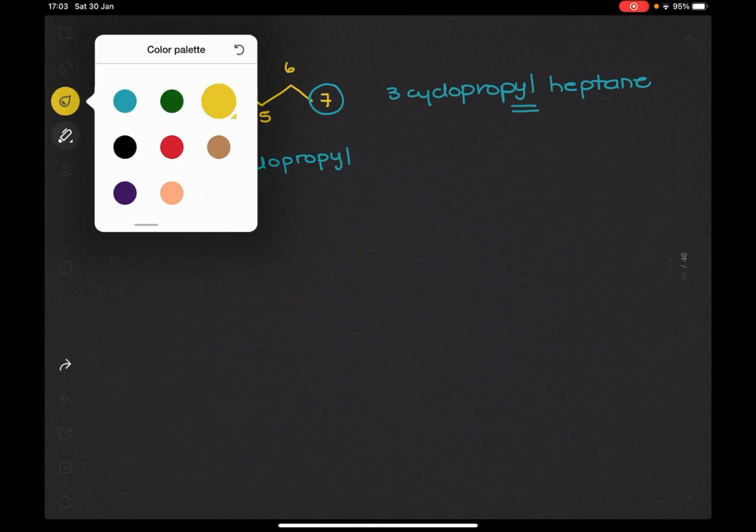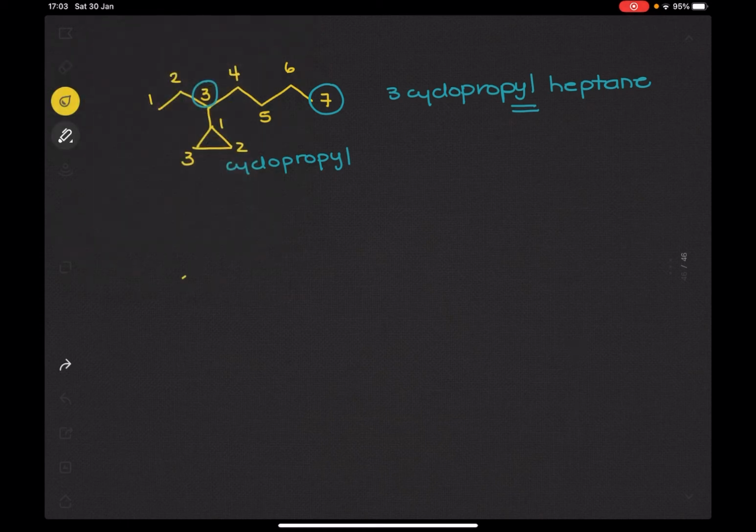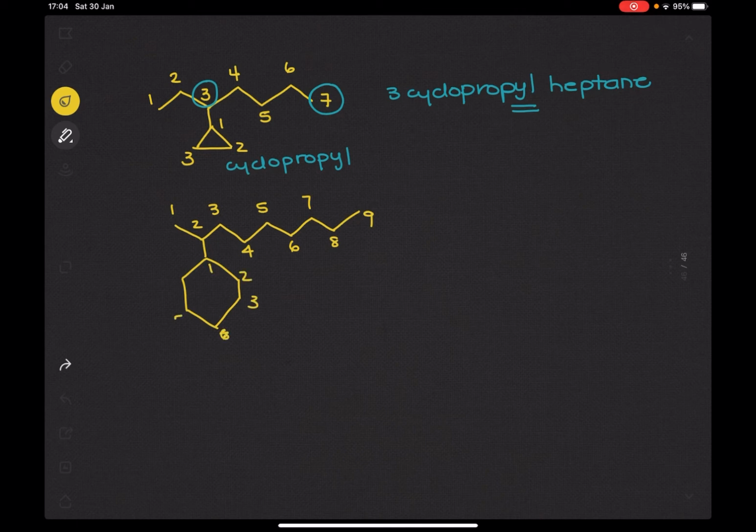Okay, another one. If I have this cyclohexane and I have this structure right here, let's count how many we have. I have 1, 2, 3, 4, 5, 6, 7, 8, 9 against my cyclohexane, which only has 6.